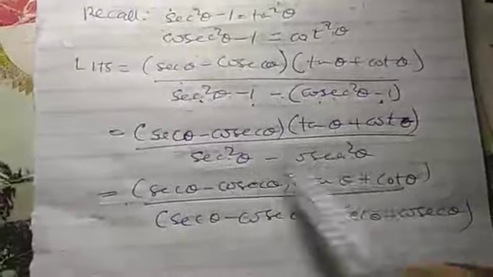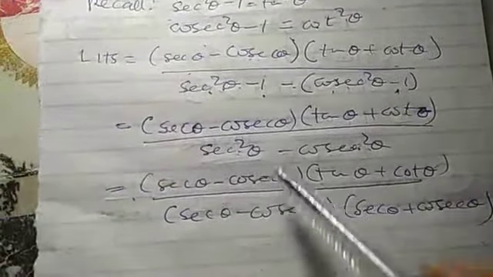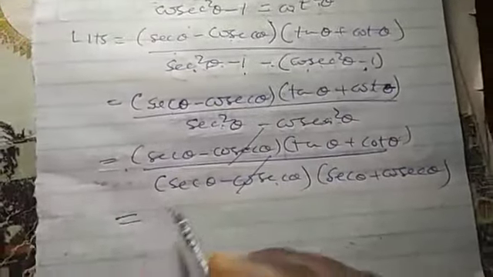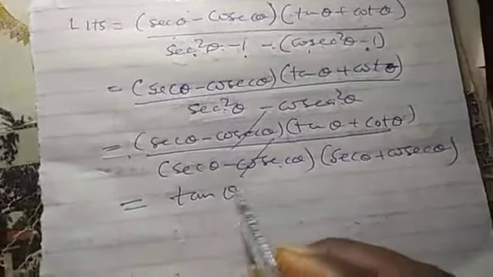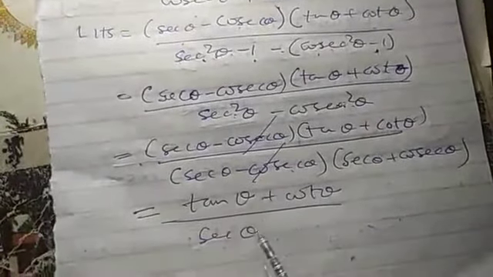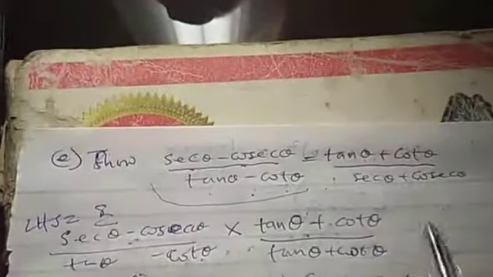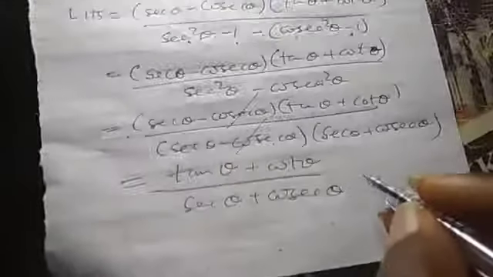Then using difference of two squares, this will become sec minus cosec and sec plus cosec. In this way, sec minus cosec cancels each other. What we have left will now be tan theta plus cot theta over sec theta plus cosec theta. And that is what we have to show here. So that is proved.